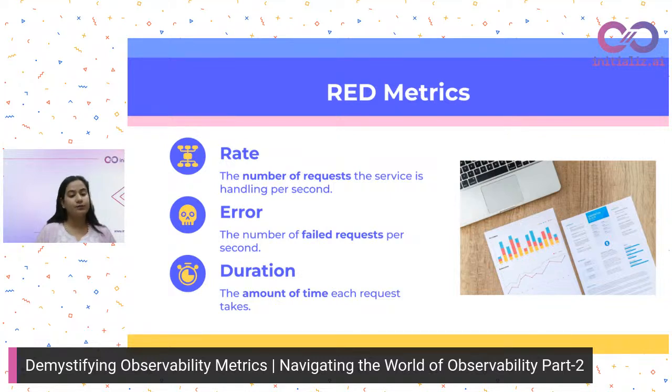So the rate stands for the number of requests the service is handling per second. Then there's error. It is the number of failed requests per second, and duration, the amount of time each request takes. So you can see here that these different aspects of RED metrics deal with the positive, the negative, and the performance of the whole architecture.